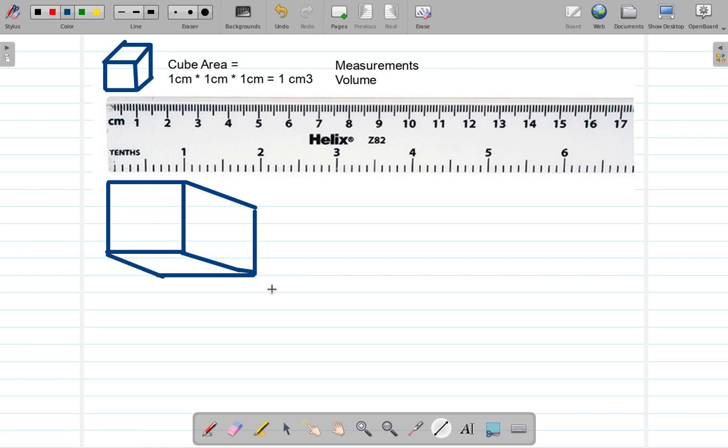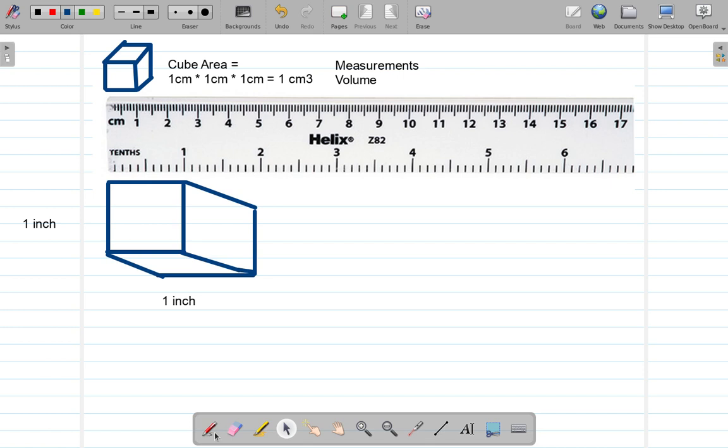What you get again is a cube. It has all the sides equal in length: it is 1 inch wide, 1 inch high, and 1 inch long.